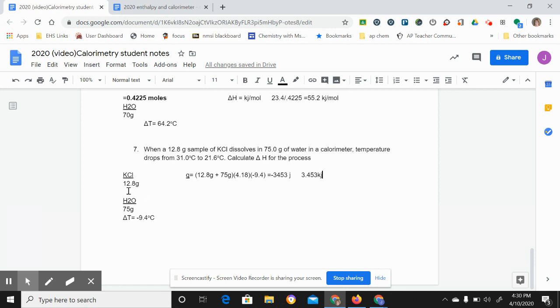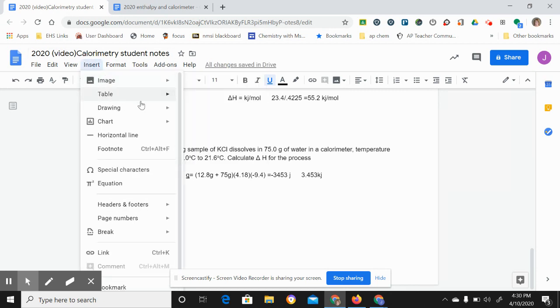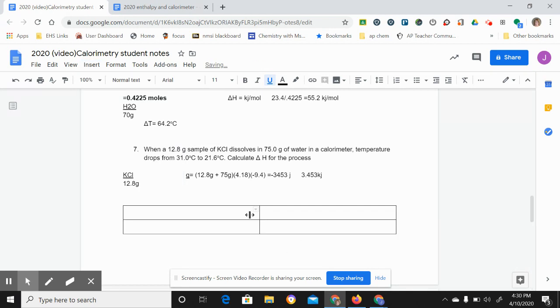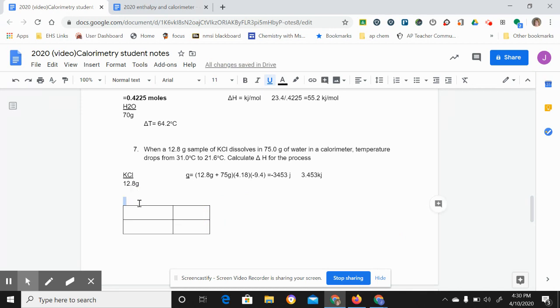Now we need to have our moles. We need to have our moles of KCl. So we have 12.8 grams of KCl.